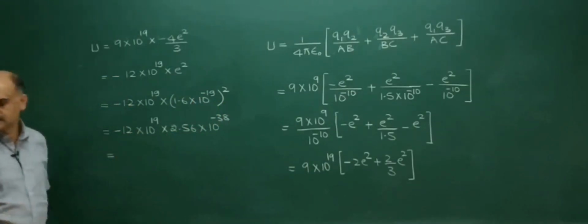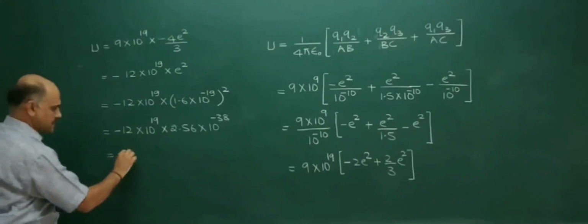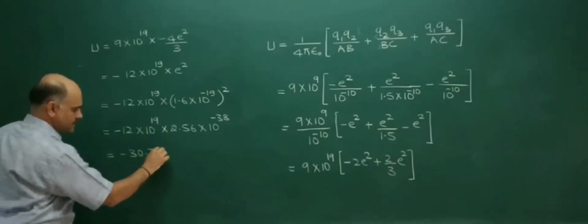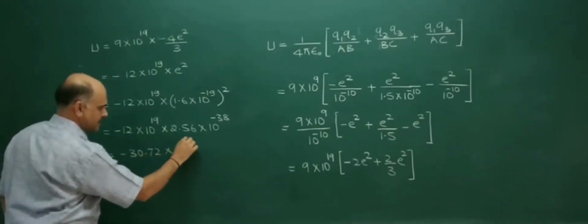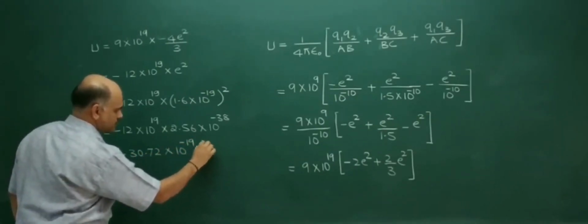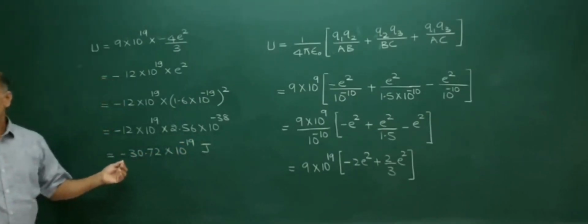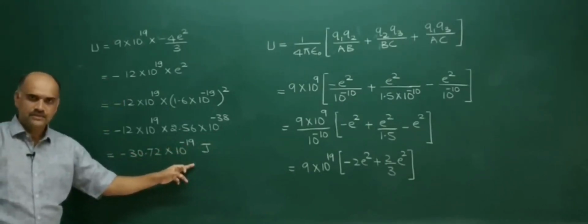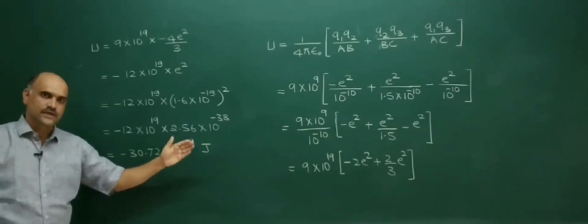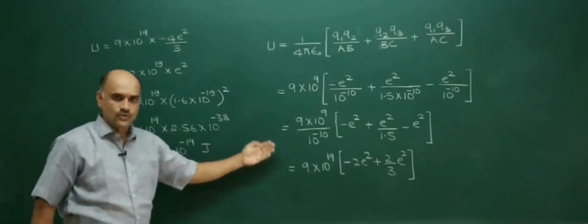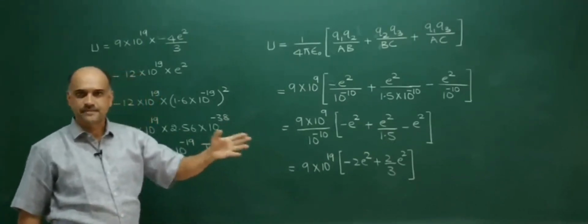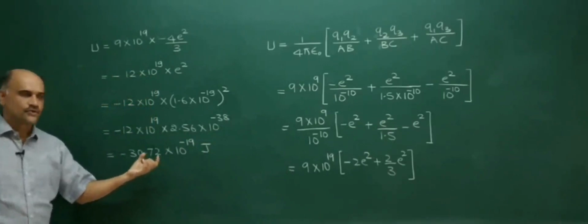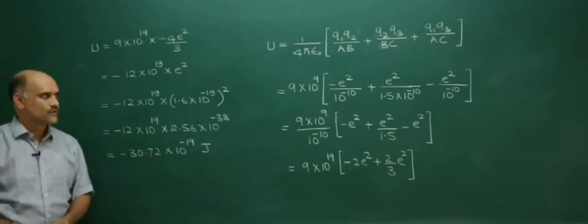You should have the answer minus 30.72 into 10 raised to minus 19 joule. Clear, students? So again you can pause, note down the solution, then the next problem will be there on screen. You can note that also, then we'll go for it.